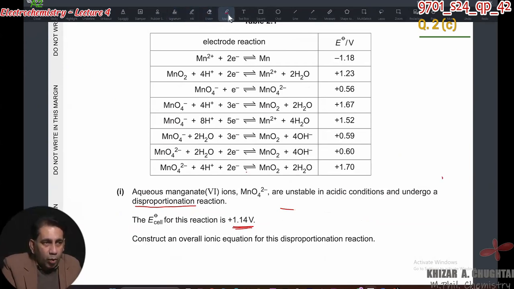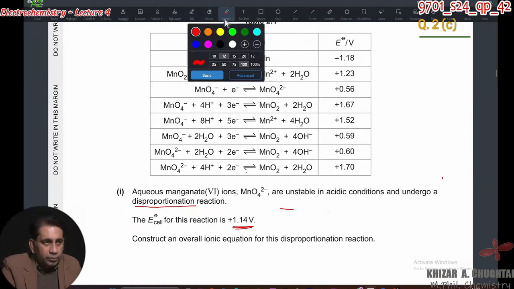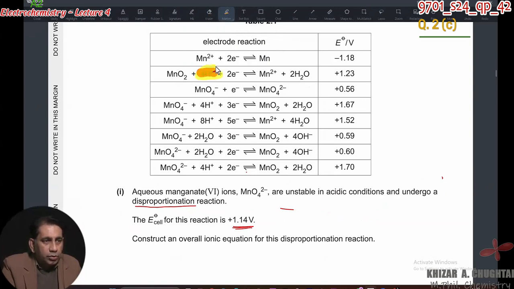Just have a look, where are the acidic conditions? Here are the acidic conditions, and here are the alkaline conditions. So I have shortlisted four equations to develop my answer.